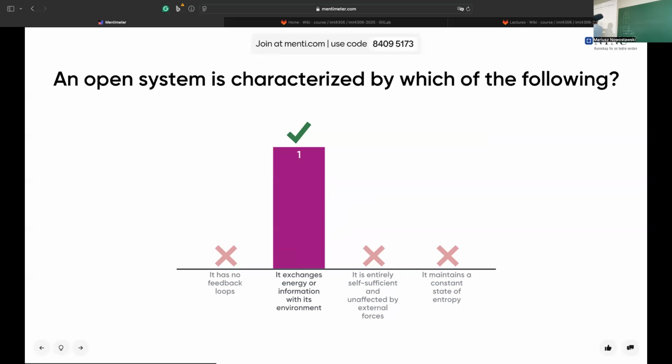This one, entirely self-sufficient and unaffected by external forces, we call a closed system. A closed system is completely unaffected. About feedback loops, we're going to talk a little bit more. And maintaining a constant state of entropy, we say that the system is in a stable condition, or homeostasis.